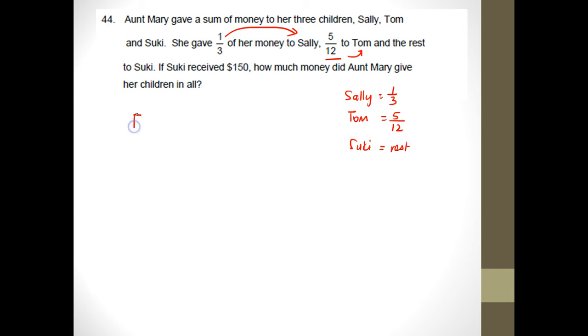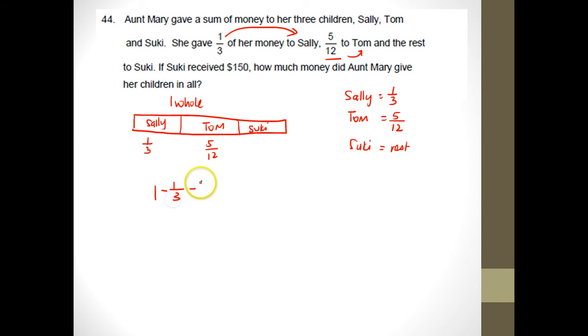So I know at first she has 1 whole. She gave Sally 1/3. Tom, she gave 5/12. Suki is the rest. So I take 1 whole minus 1/3 minus 5/12.